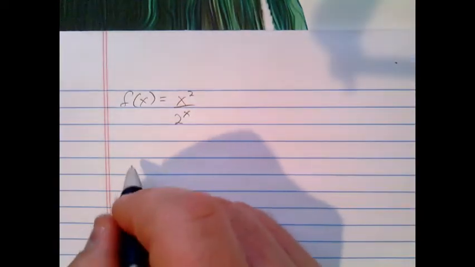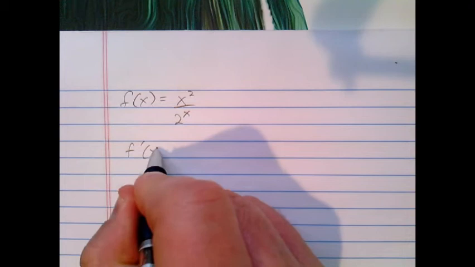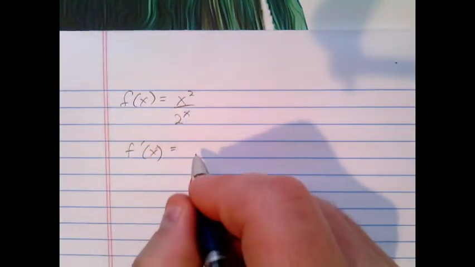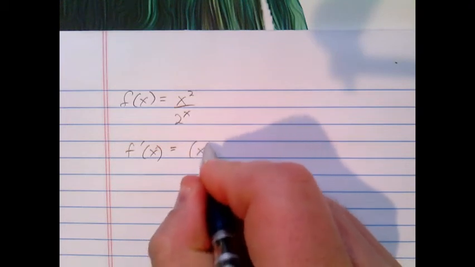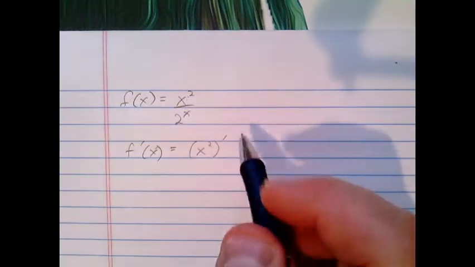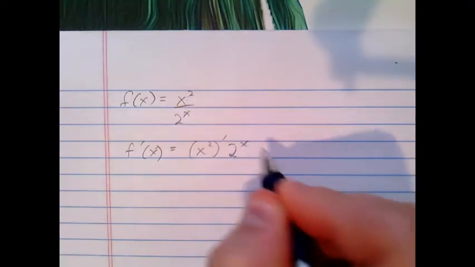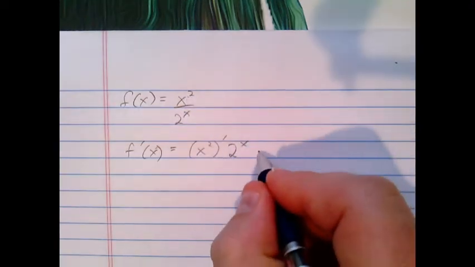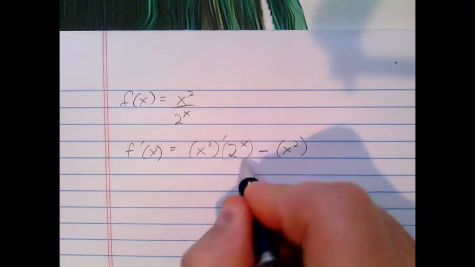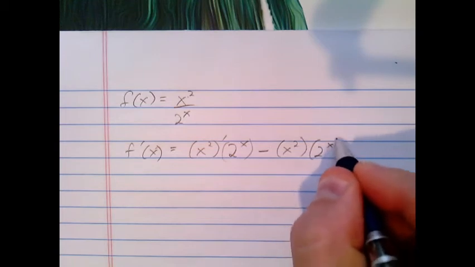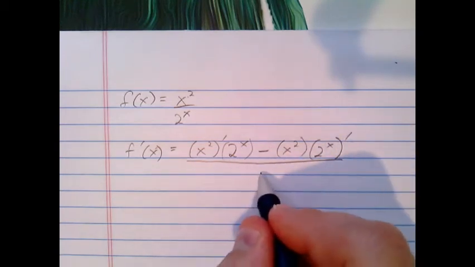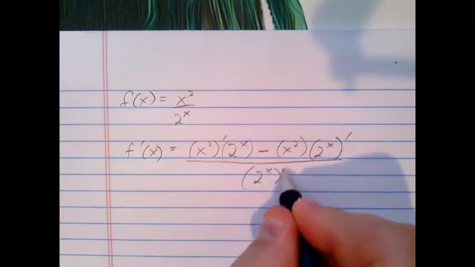Now, you might remember that to take the derivative of a function that is a quotient, you have to use the quotient rule. The quotient rule says you take the derivative of the top, the numerator of the fraction, multiply it by the bottom, and then you subtract the numerator times the derivative of the bottom, the denominator, and you put all of that over the denominator squared.